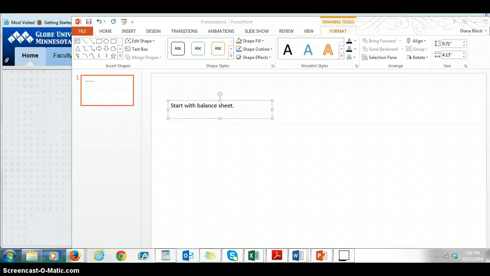These are the items that have to be paid or will be turned into cash within the next 12 months. Of course, current assets being the assets that will be turned into cash within the next 12 months or expected business cycle. Most of the time, we're talking about 12 months. And then the current liabilities are those bills that expect to be paid within the next 12 months.